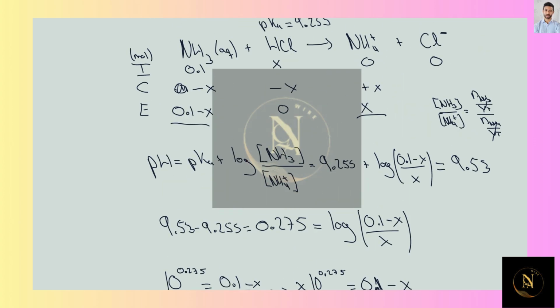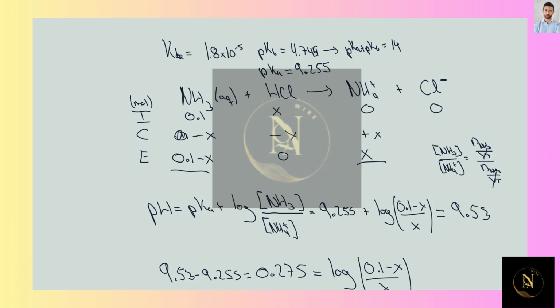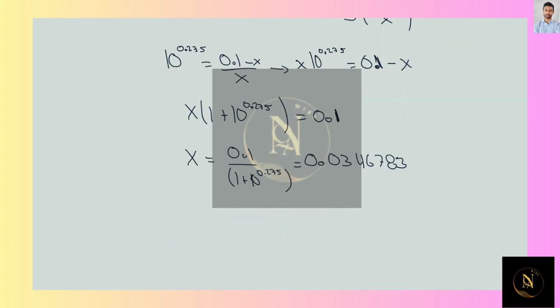And what is this X? That X corresponds to the amount of mole of HCl that I need to add. This is mole of HCl added. But we wanted to know the volume, and we know the concentration, right? So, from the molarity equation, molarity is equal to amount of mole divided by volume, we know that the volume is going to be equal to the amount of mole divided by molarity.